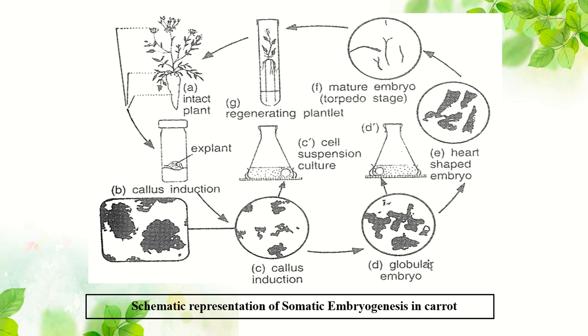Then you will find a globular or heart-shaped embryo. The same thing is here, a suspension culture, a liquid culture, where you will find a globular embryo. Another stage is the heart-shaped embryo, which looks like this. Finally, the mature embryo is called the torpedo stage. The torpedo has two polar regions, so you will see it under the microscope like this.